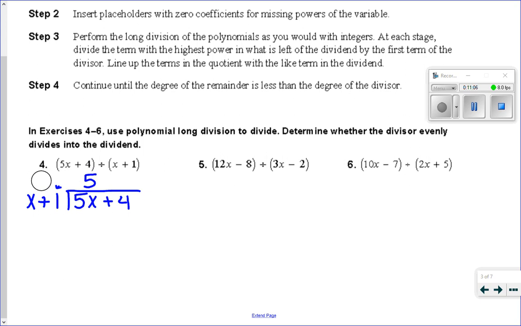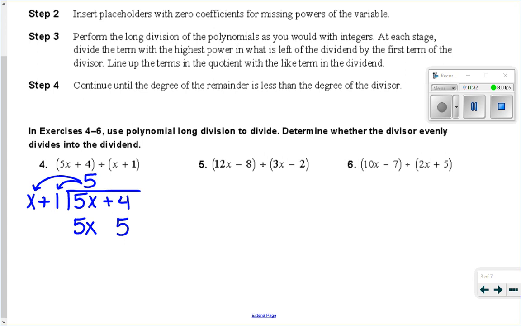Let me just show you that real quick. 5 times x is 5x. And I'm also going to be sure to do 5 times 1, which is a 5. That's the first thing that's a little bit different in our long division: you want to make sure that you distribute it to the entire divisor.